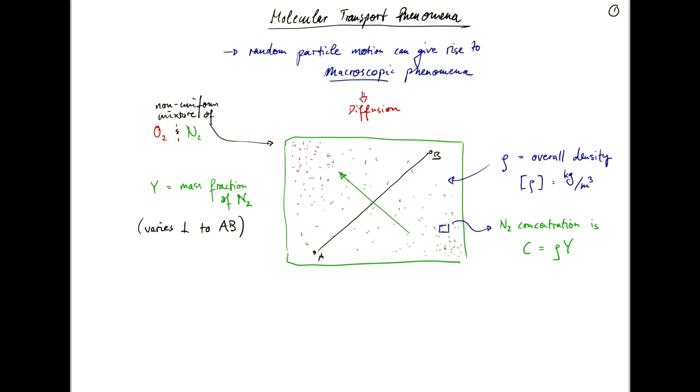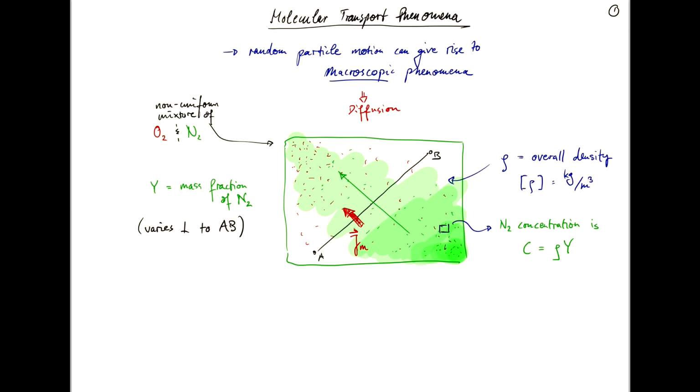Now, the differences in concentration, with high nitrogen concentration down here and then less as you go up to the top right, that is what drives ultimately the diffusive mass flux in the direction perpendicular to the line AB. And this mass flux is typically written as J, and it is a vector since it has a direction. And since this is a mass flux, it has the subscript m.